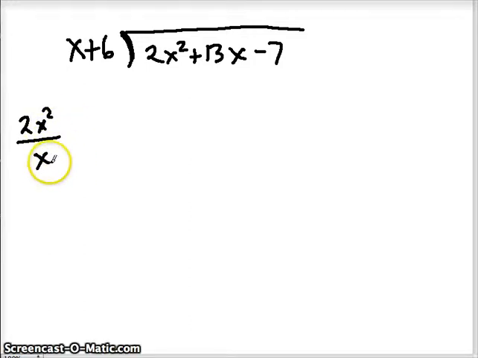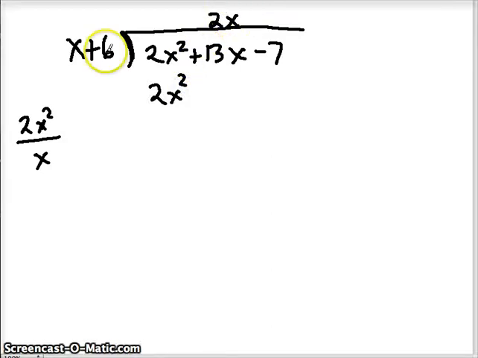So it goes in 2x times, right? So we put that above our x to the first power here. So we're always matching up powers here. Now, this is where the plus 6 comes into play. Remember, we multiply what we got on top by what we got over here and subtract. So we're going to do the same thing. 2x times x is 2x squared.